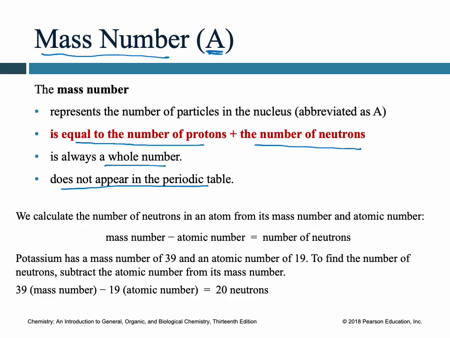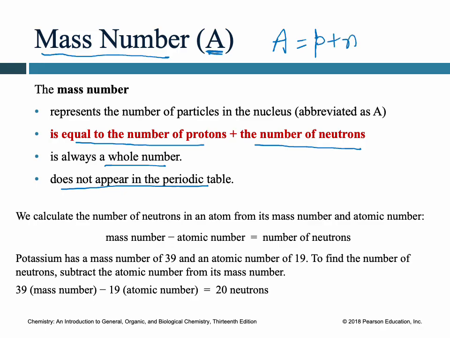Mass number can change for different atoms. The same element can have atoms with different mass numbers. So it's not a fixed number for any element. It can change, and that is why it's not listed on the periodic table. But basically what it tells you is that mass number is equal to the number of protons plus neutrons.